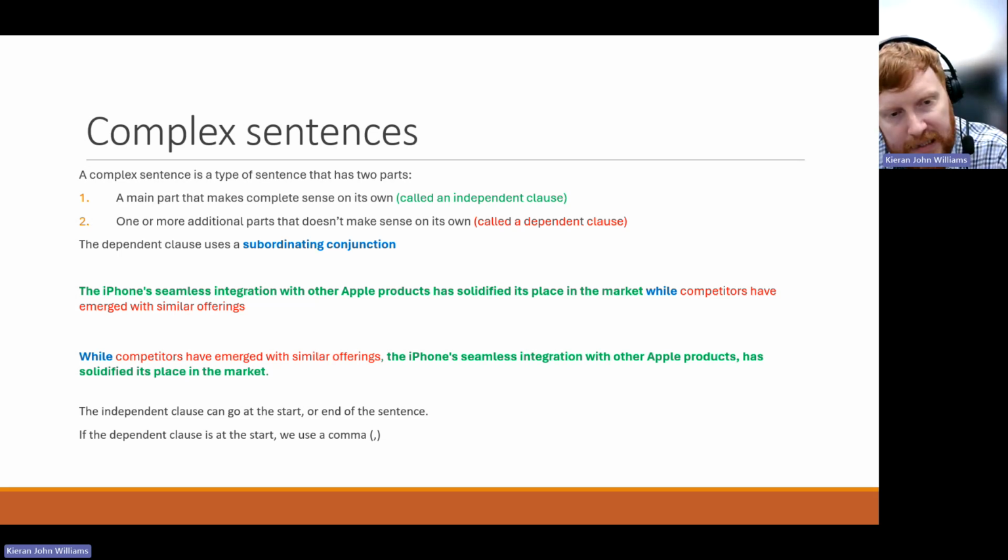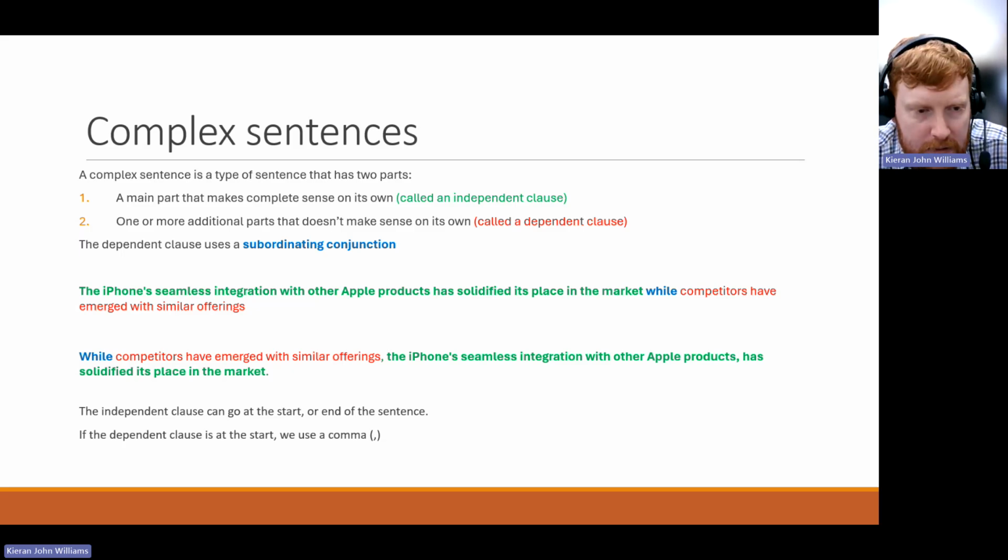The interesting thing with this is the while can come in the middle of the sentence, or it can come at the start of the sentence, and it still has no difference in meaning. Like it says here, you can change the structure of the sentence, but it still makes sense. But if you have your dependent clause at the start of the sentence, like in the second example, you need to have a comma at the end of it.